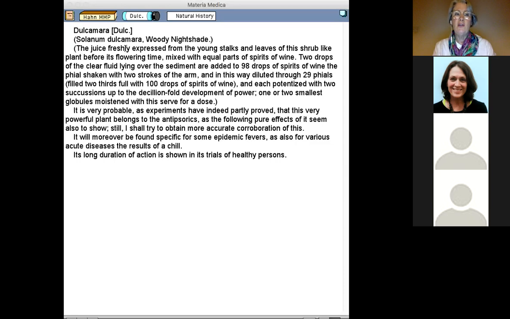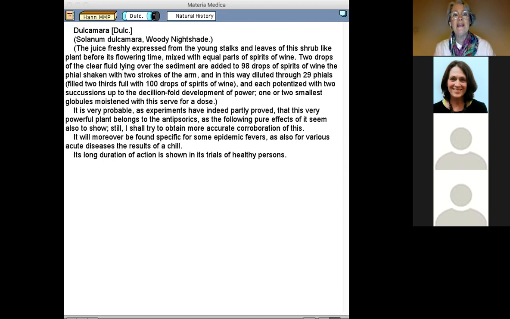And he says that the juice freshly expressed from the young stalks and leaves of this shrub before its flowering time, mixed with equal parts of spirits of wine, 2 drops of the clear fluid overlying the sediment were added to 98 drops of spirits of wine with the vial shaken with 2 strokes of the arm, and in this way diluted through 29 vials, filled 2/3 with 100 drops of spirit of wine. Do you see what I mean about detailed? The man was really detailed and exact in the content.